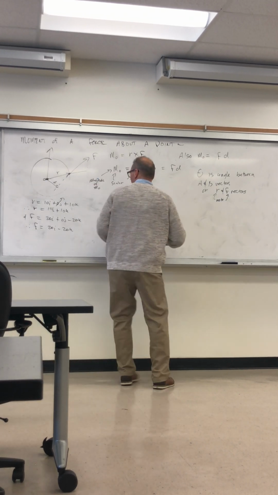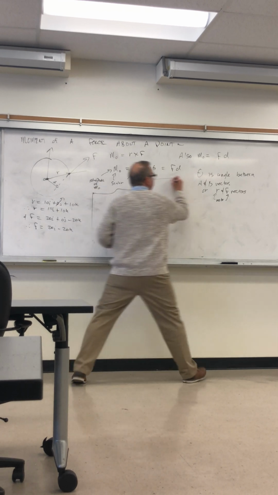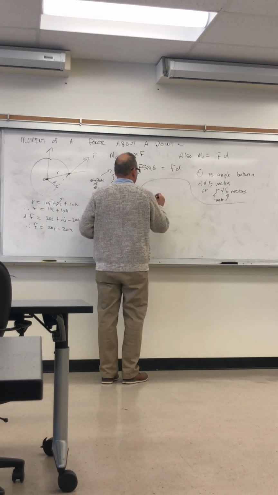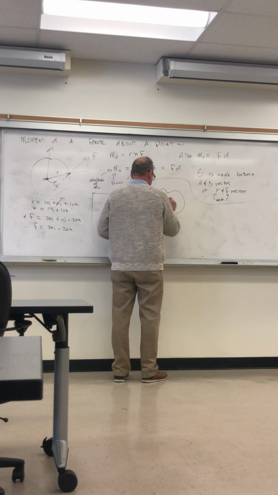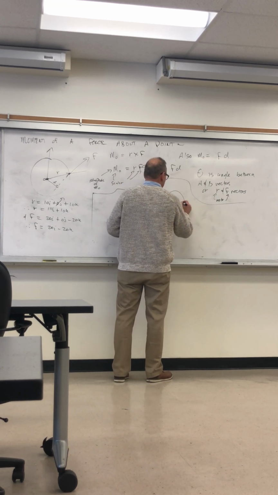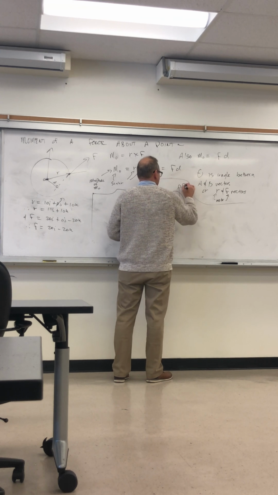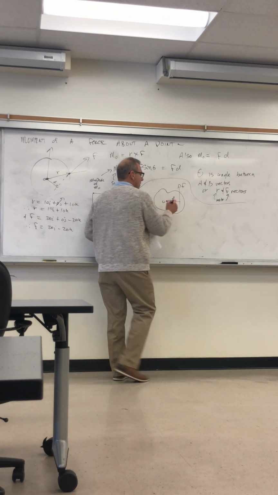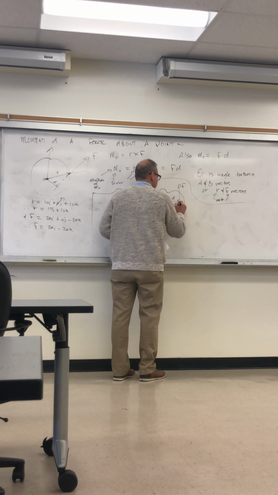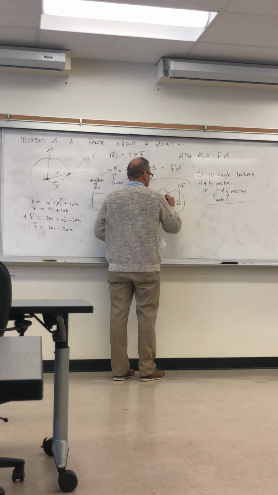Let's just look at a blob, and here's our O point, and I have a force like this, and a distance here, and in this case, this is 90 degrees. So it's creating a moment about my O point.